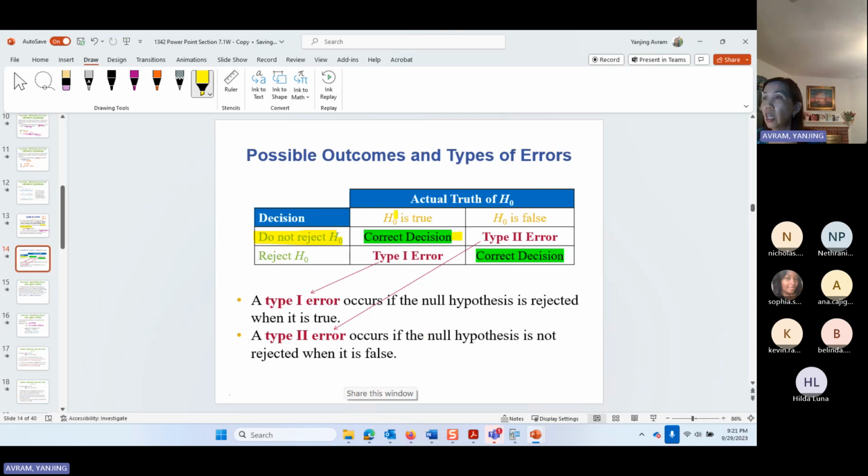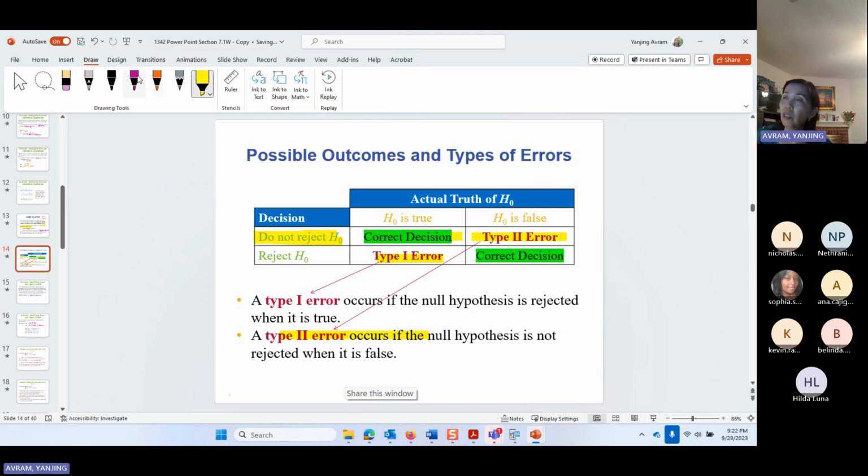When the null hypothesis is true and you reject it, you make a type 1 error. The other type of error is when the null hypothesis is false. When it's false and you reject it, that's the correct decision. But when it's false and you do not reject it, you make a type 2 error. So those are the two types of error.